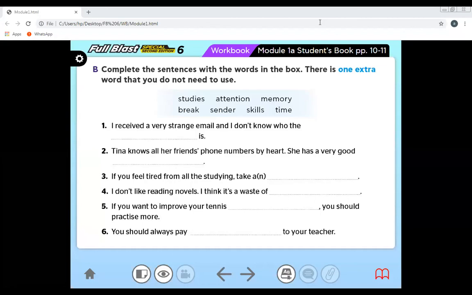Comparative. What is the comparative word in the sentence? The weather was getting worse. Excellent. Worse and worse. Thank you, my dear. Who can read number 6?